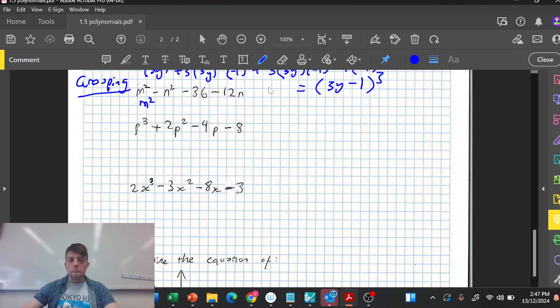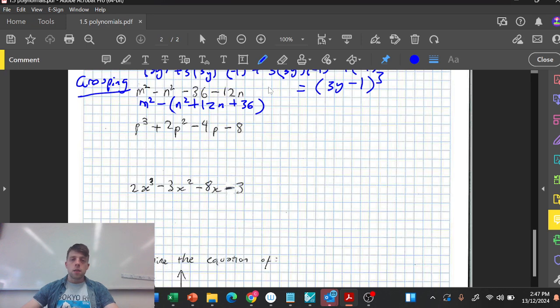There's only one m, there's two n's, and then this is a constant. We can include that in whatever we like. So why don't we take out the minus sign and write this as n squared plus 12n, in descending powers of n, plus 36. So writing it like this, you should be able to see that these two things are the same as each other.